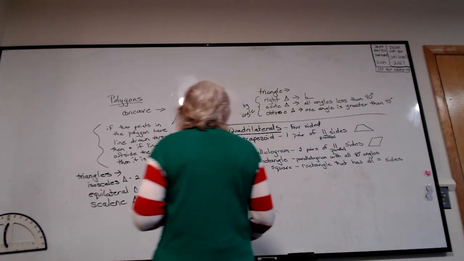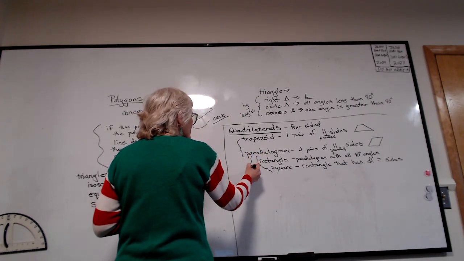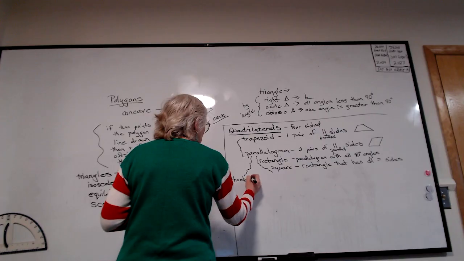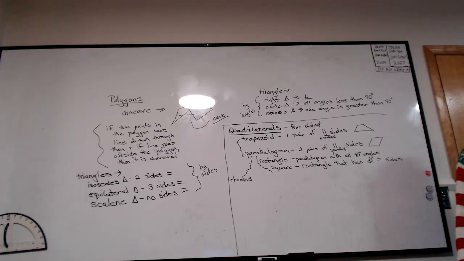Now, that's one avenue from parallelograms. There's also another branch over here, called the rhombus. It's a parallelogram with what? Actually, all four sides are equal. That's a kite, I think you're looking at.